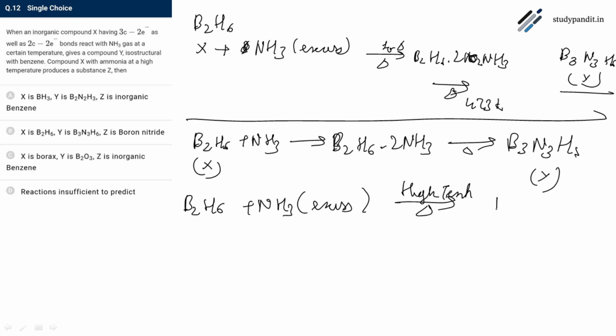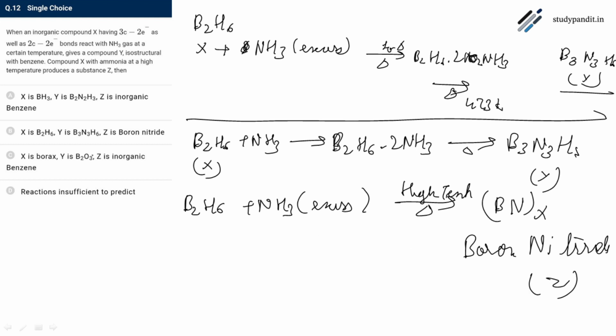This will give BN. What is this called? Boron nitride. So this is our compound Z. So which is the answer? B. Moving on to the next question.